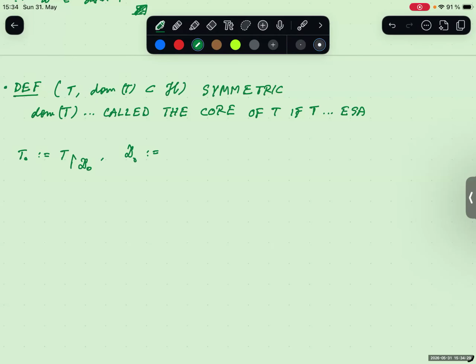And what is D naught? D naught is all smooth functions in the interval AB, real valued, such that their boundary values vanish. That means U(a) equals 0, U(b) equals 0.